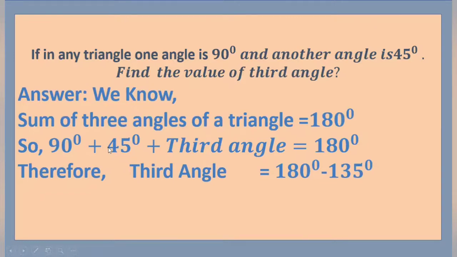It's 135 degree. If we change the side of this 135 degree by going to the right side, it will be 180 degree minus 135 degree. If you subtract, the result is 45 degree, and this is our required answer.